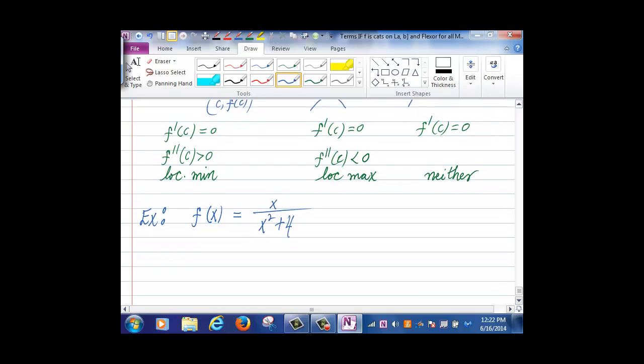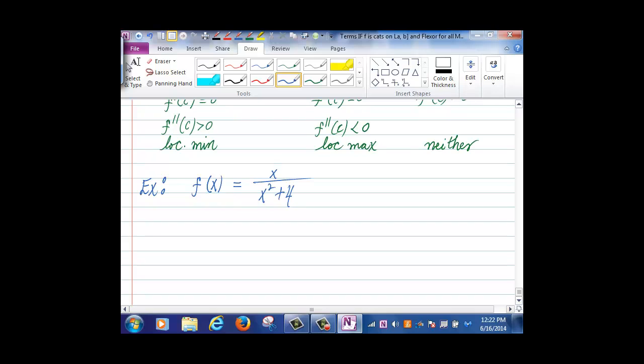The question is: find the critical points and classify them. When I say classify them, I mean determine whether you have a local max or a local min at each of these critical points.